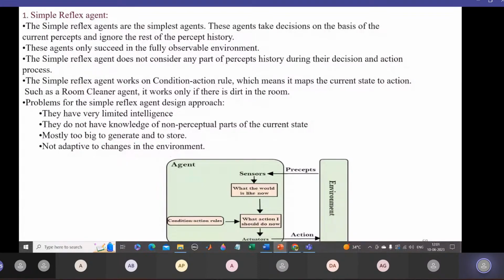What it has not perceived in the current state, it cannot work on. It is mostly too big to generate and store, and it is non-adaptive to changes in the environment because it is condition based. If the room is dirty, clean it. That's all. So it cannot adapt to the environment. This is your simple reflex agent.